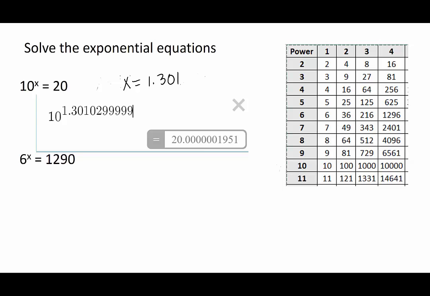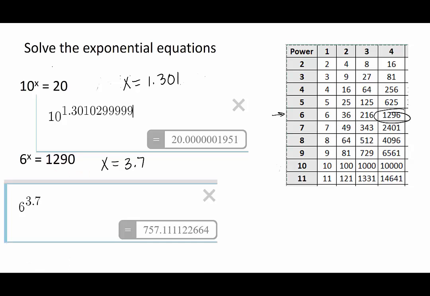How about the next one? 6 to what exponent gives me 1290? Well, if I look at the 6's, I can see that 6 to the 4th power gives me 1296. So let's guess x equals 3.7. Next, we're going to plug it into your calculator or use Desmos. 6 to 3.7 is 757.